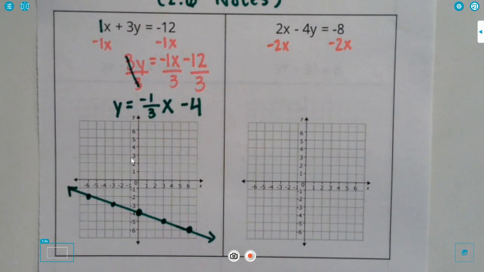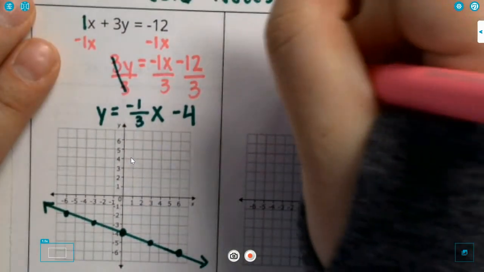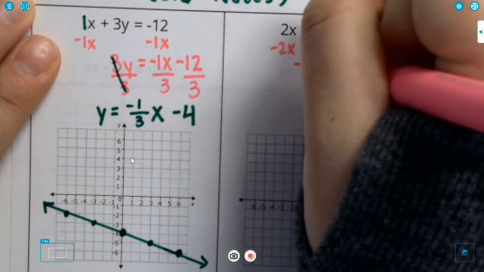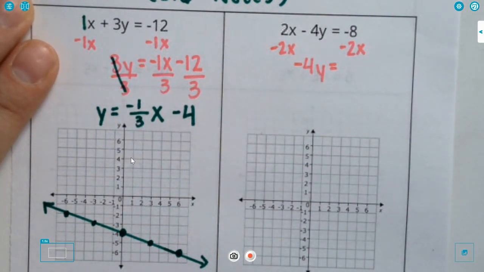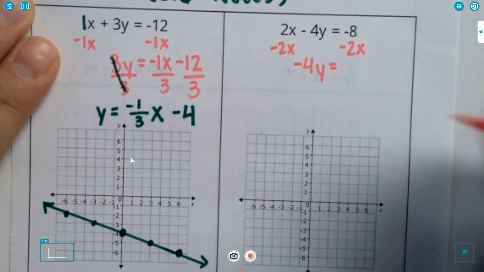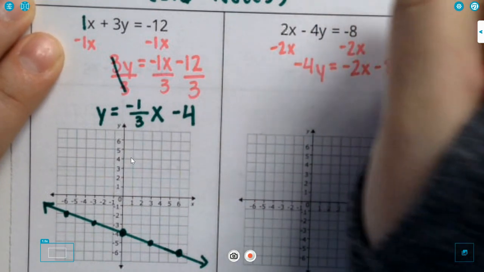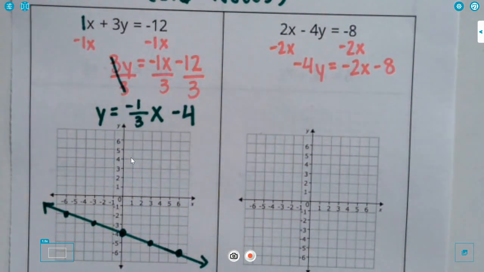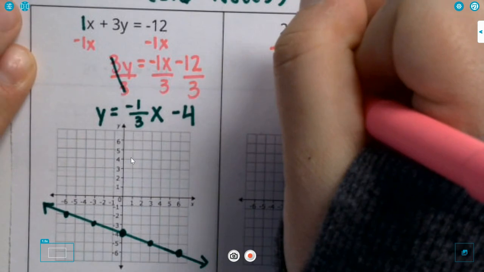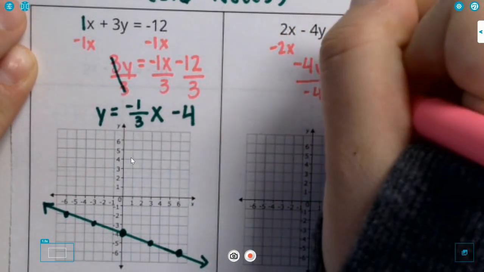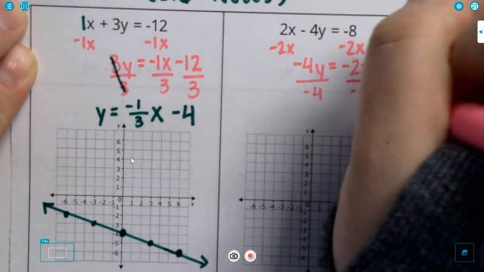On the left side, I have negative 4y now, equals negative 2x minus 8, because we're always going to put the x first. Then we're going to divide everything by negative 4. So divide by negative 4, divide by negative 4, divide by negative 4.